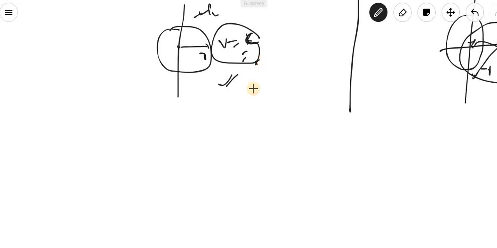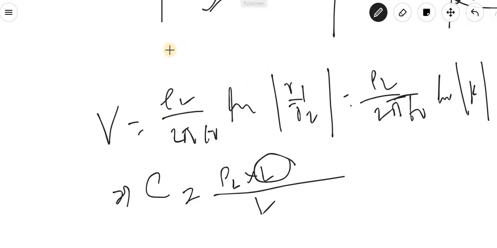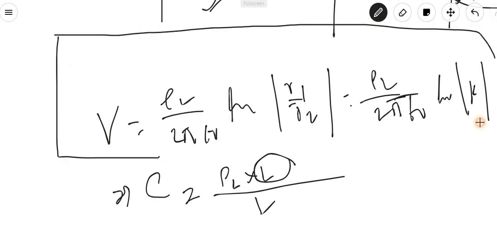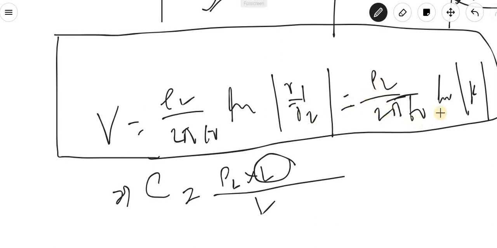So hello everyone. In continuation of the previous lecture, now we'll be discussing the actual scenario of a transmission line. Before going to discuss this equation, you remember this potential V is rho L by 2 pi epsilon naught ln R1 by R2, and rho L by 2 pi epsilon naught ln modulus of K. So these things we got.